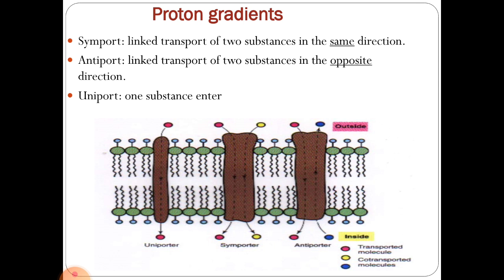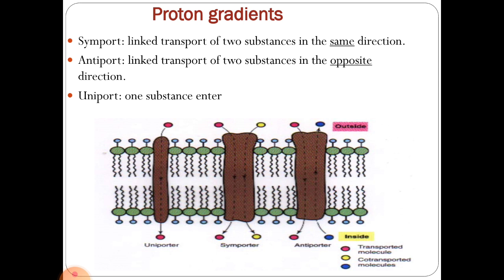Symport stands for linked transport of two substances in the same direction, while antiport stands for linked transport of two substances in the opposite direction, whereas uniport is for transport of a single substance into the cell. So here we can see all red colored molecules are transported molecules, whereas yellow and blue are co-transported molecules.